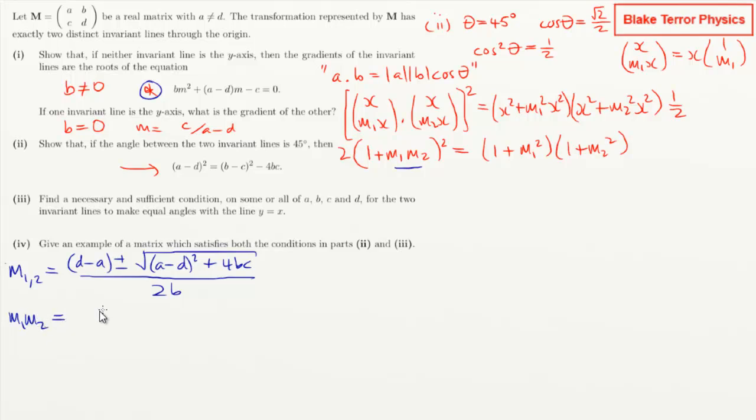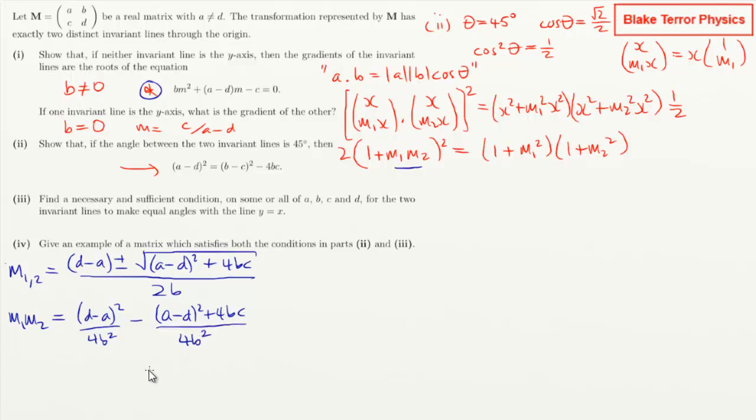They're square roots. So if I do m1 times m2, I'm going to get the d minus a over 2b, which is in both. So I'm going to square that. So I'm going to get d minus a squared over 4b squared. Then I'm going to have the positive square root times the d minus a, and a negative square root times the d minus a. So they're going to cancel. And then I'm going to have minus a minus d squared plus 4bc over 4b squared.